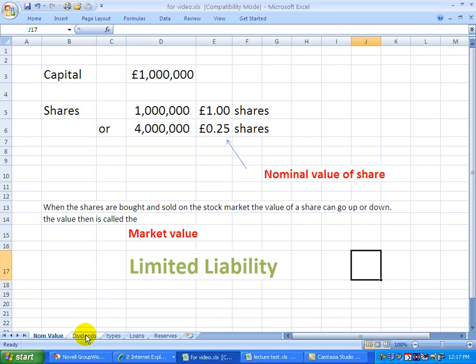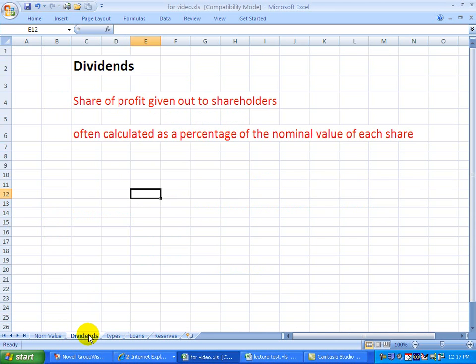If we go on to the next sheet, we've got dividends. Now, if you own shares in a company, you will be paid dividends, and that's the name for your share of the profit, the share that's given out to shareholders. You'll receive a dividend, and that's often calculated as a percentage of the nominal value of each share.